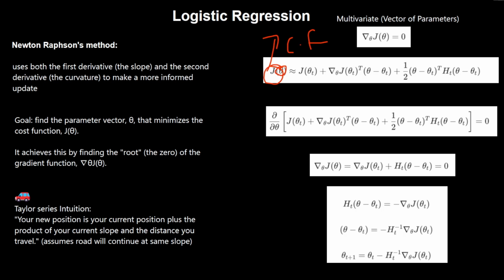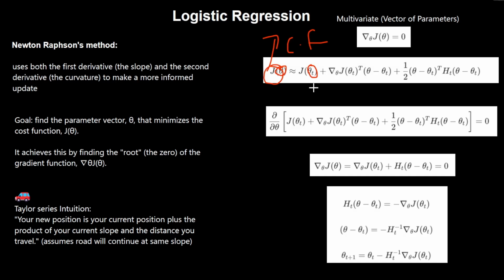And next, we have theta t, which is constant. This is the current parameter vector from the previous iteration. We just take the value of the parameter vector from the previous iteration and plug it in here. So we know this value already, so it is also a constant.